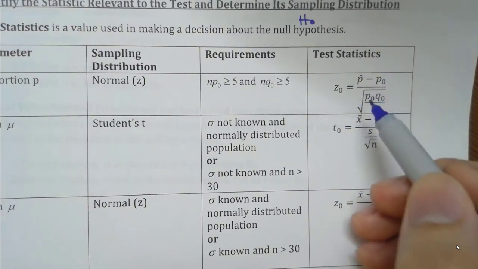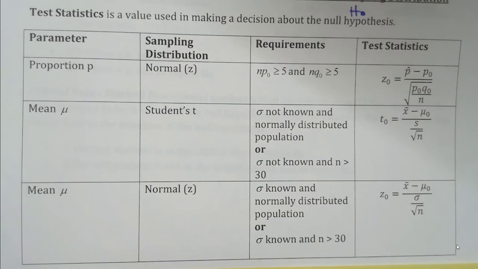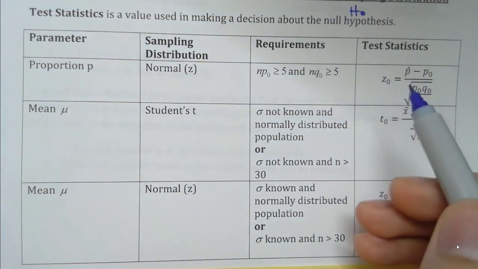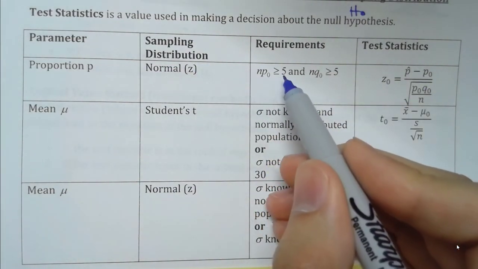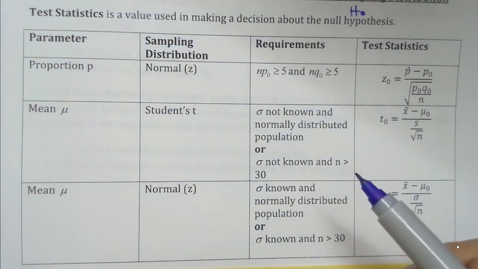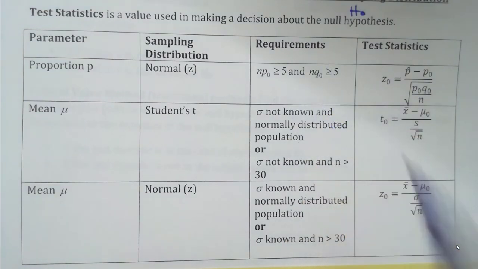We'll see that more in the next videos. And then the requirements for you to use this formula is that we require n p naught to be bigger than 5 and n q naught to be bigger than 5 for the binomial conditions.